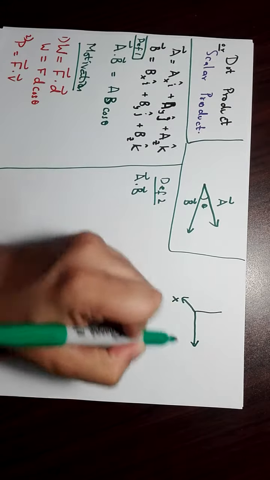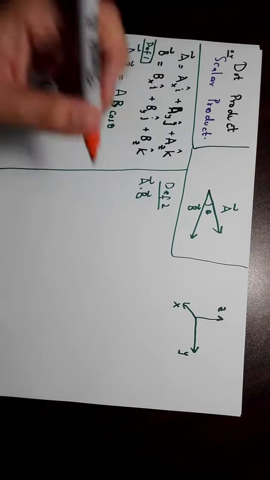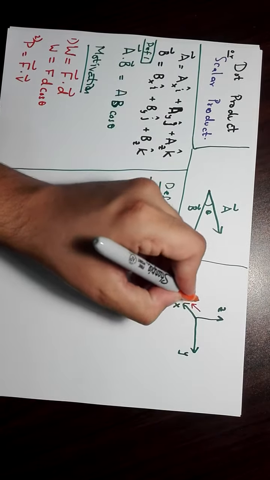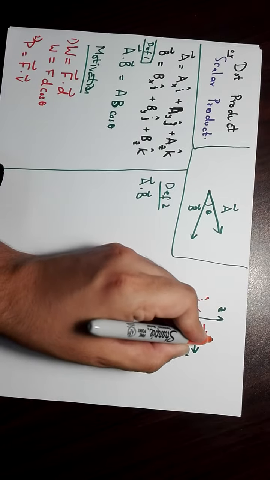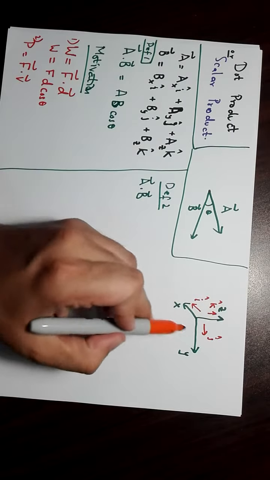So this is your x, this is y, this is z. I hat exclusively points in the x direction, j hat points in this direction, and k hat points in this direction. So these are perpendicular.